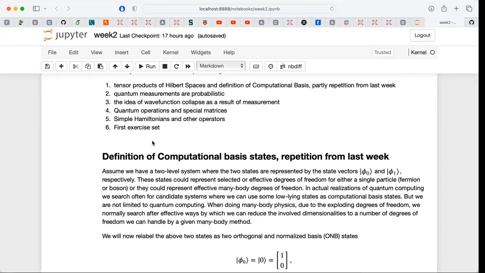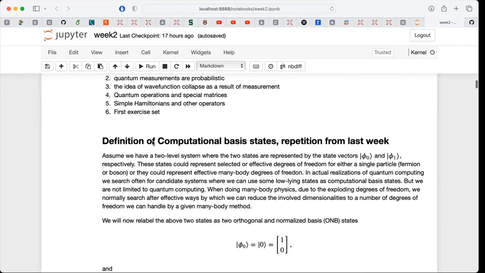Now, one thing which is very important, which we also discussed last time, is the definition of a computational basis. This basis is a basis which we assume to be orthogonal and normalized, often shortened to orthonormalized basis, normally written with the acronym ONB.